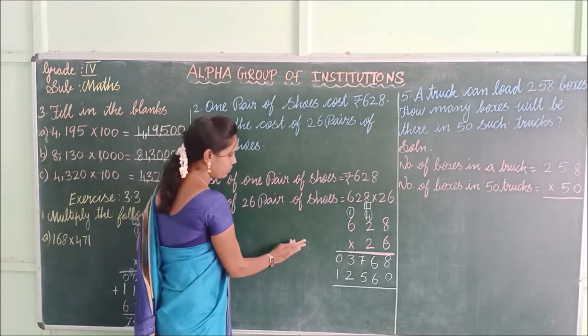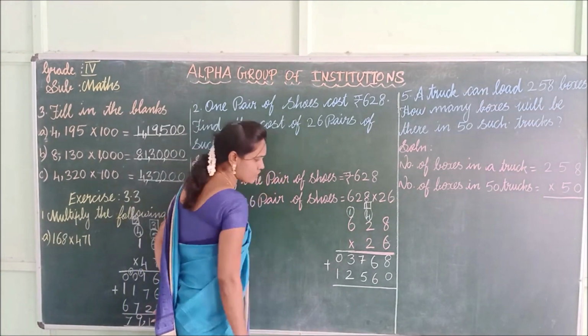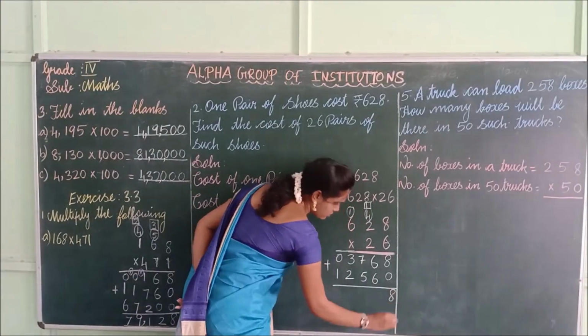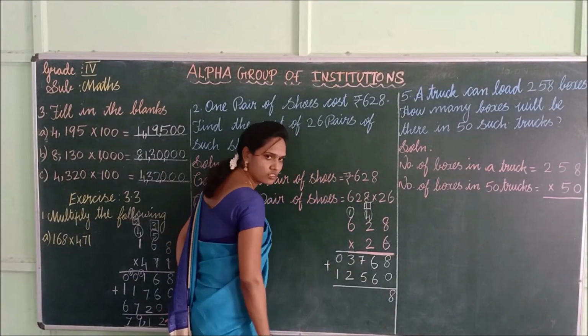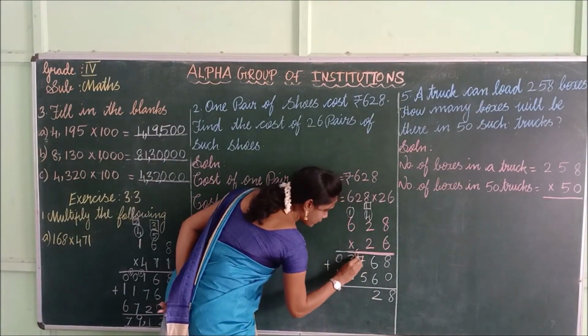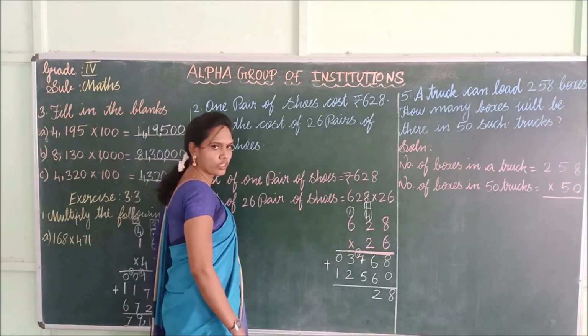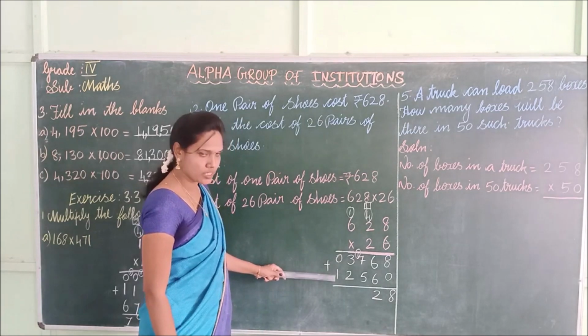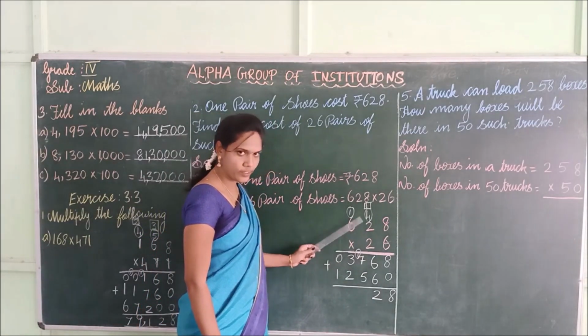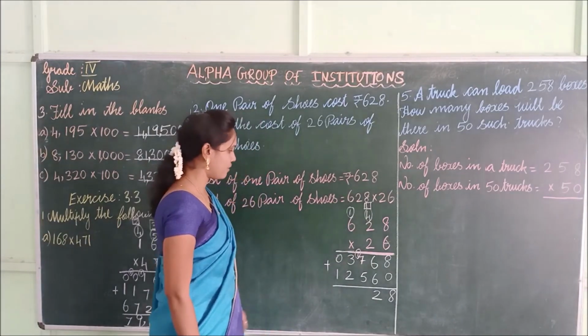See, now we are going to add these two numbers. So 8 plus 0 is 8. 6 plus 6 is 12. 2, and the remainder you should put here, not here. We are adding these two numbers. So if you have a remainder here, you have to put it here, not here. Be careful and write.